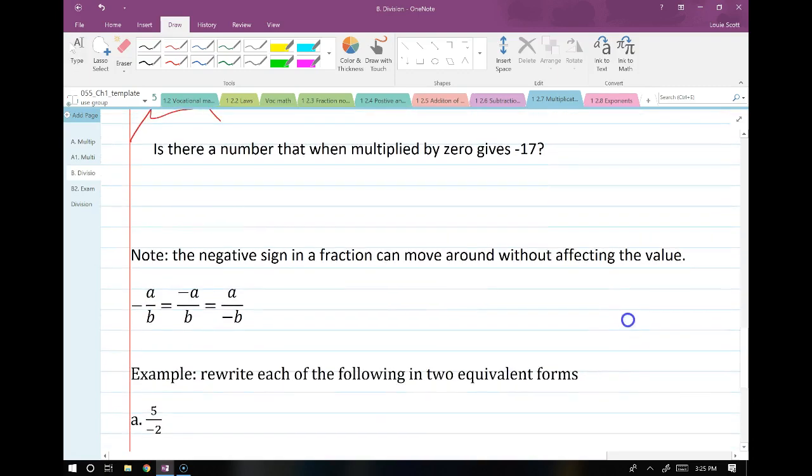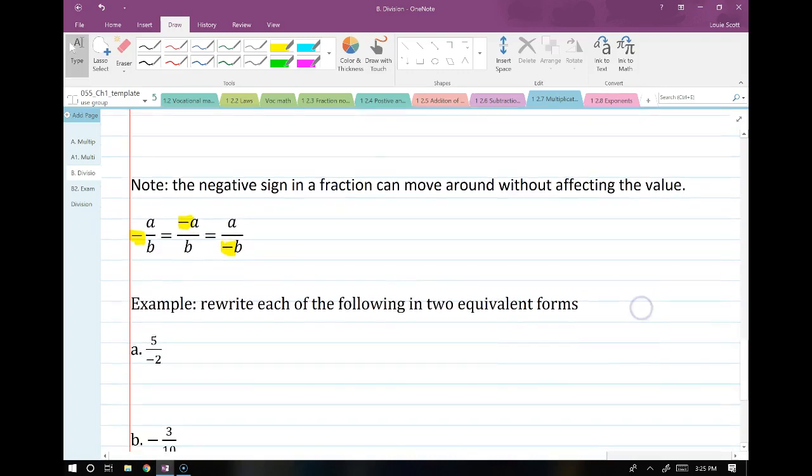Okay, just a quick note, something that you might have seen me doing up here. The negative sign in fractions can move around. And so if we prefer to write it with the negative sign out front, we can do that. If we want to move the negative sign up top, we can do that. If we want to move it to the denominator, we can do that as well. And so those negative signs can shift around wherever we want them.